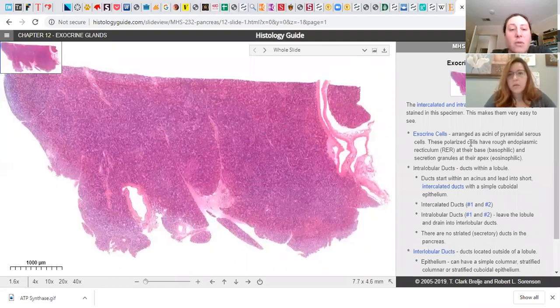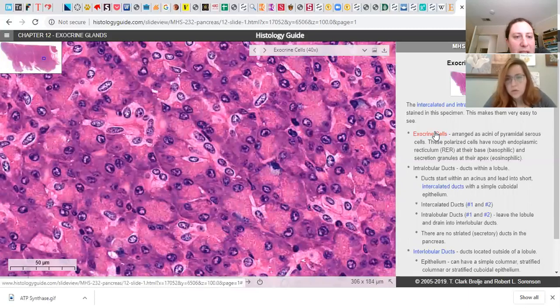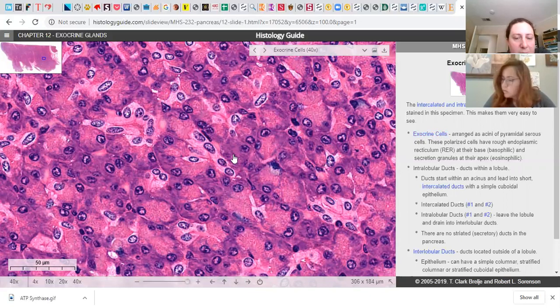Okay, so the vast majority of this slide is the acini of the exocrine pancreas. It can almost be hard to see because it's almost everything. So when you look at these cells, almost every single cell on here is an acinar cell, as in it's responsible for making the enzymes.